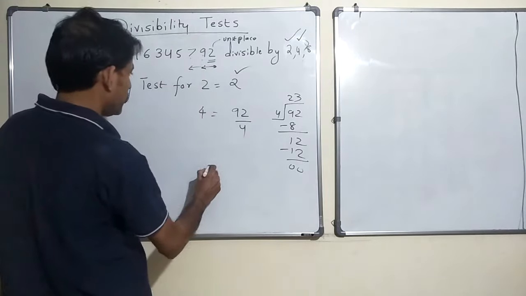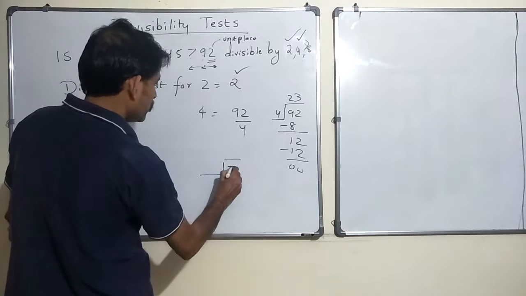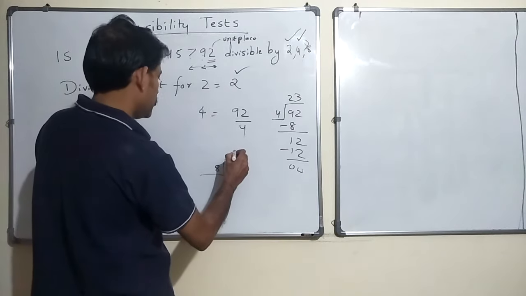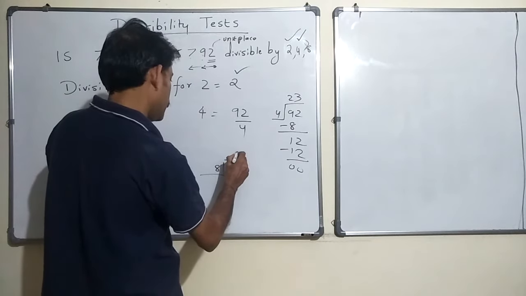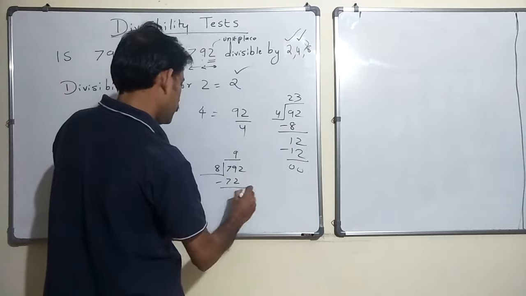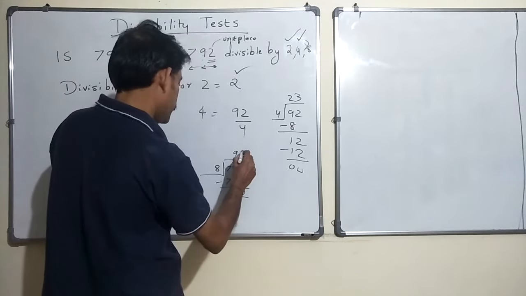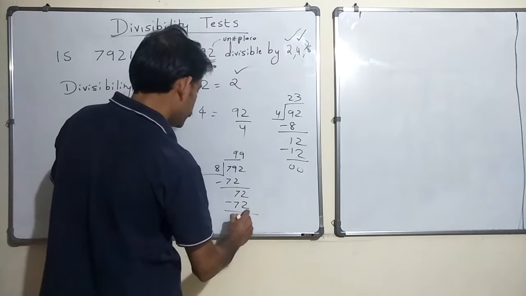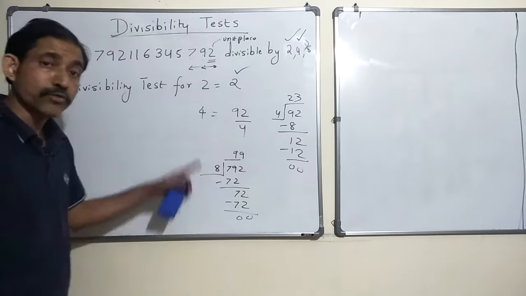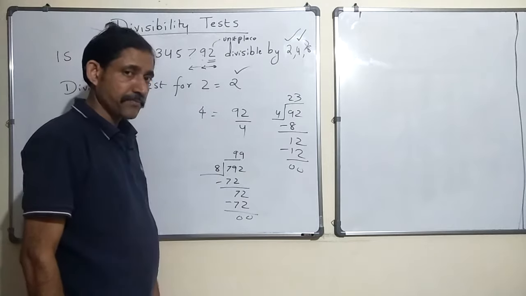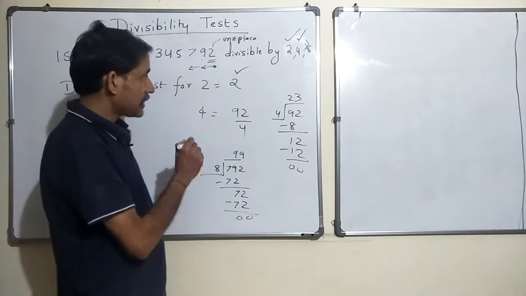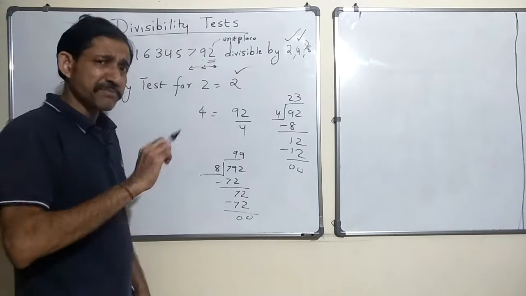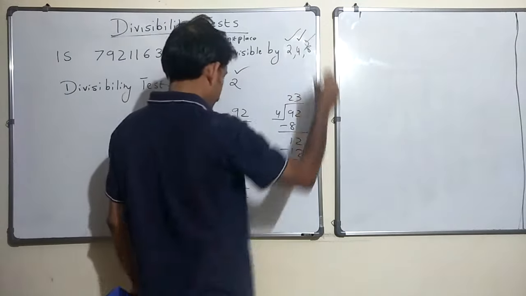So let's see whether 792 is divisible by 8. As you can see, 792 is divisible by 8. So I conclude that this huge number is divisible by 8 as well.